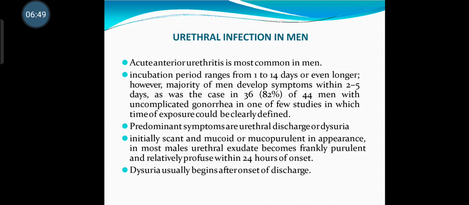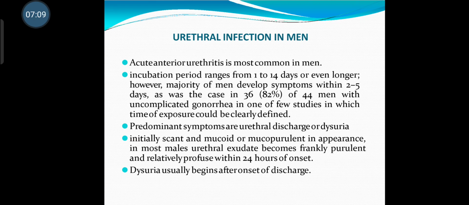Predominant symptoms are urethral discharge or dysuria. The discharge is initially scant and mucoid or mucopurulent in appearance, that is pus-like, in most male urethral exudates, and this becomes relatively profuse within 24 hours of onset.